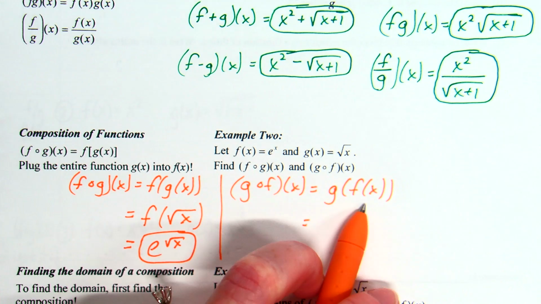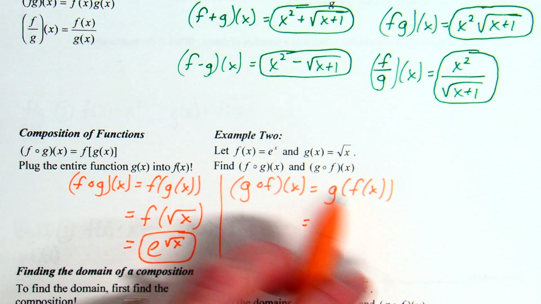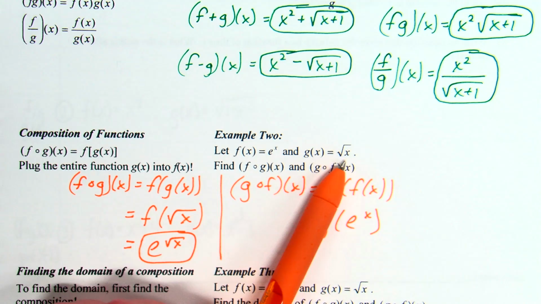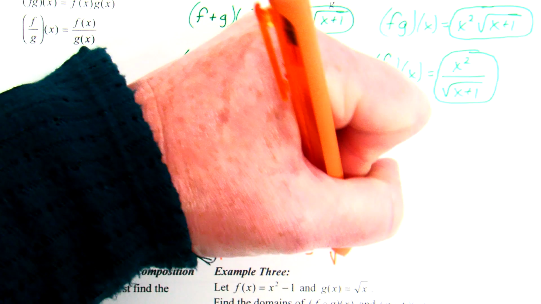What's f? E to the x. So e to the x is going to go into g. Since g is the square root of whatever x is, it's going to be the square root of e to the x.